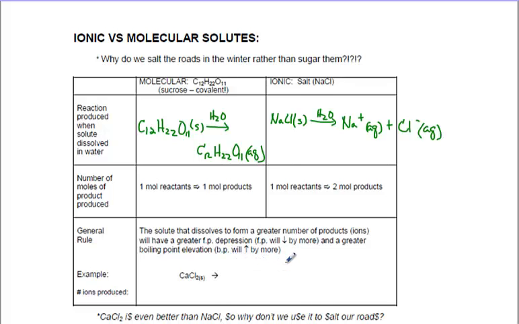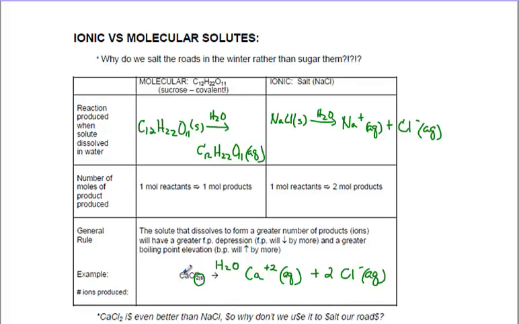So here is an example, and then we're going to figure out how many ions are produced. Calcium chloride in the presence of water to make an aqueous solution breaks up into calcium 2 plus aqueous, and remember we have to balance it, 2 chloride ions aqueous, because we could just say chloride, but there are 2 of them, so we need to balance that with the coefficient, going back to balancing equations.